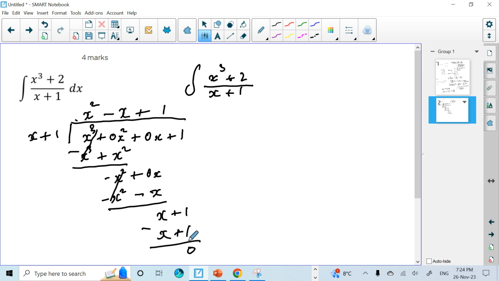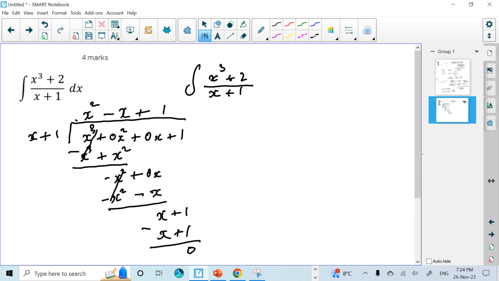Which means that you are going to integrate what you found as your result, which is x squared minus x plus 1, and of course add c to it. So there's a method that you could use in order to solve these particular problems.